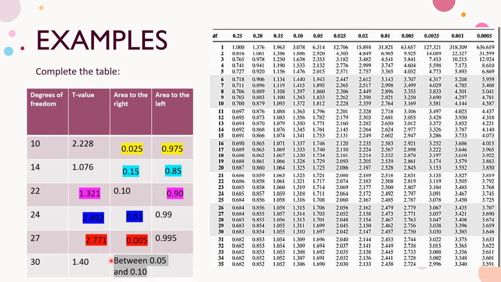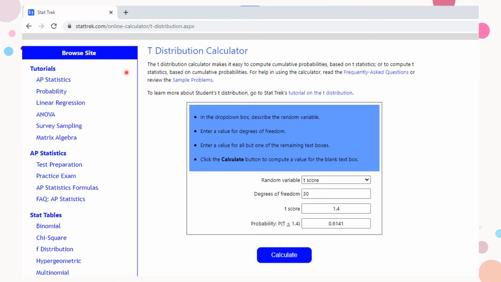Since we do not have the exact area to the right, then we cannot solve for the exact area to the left. Now, if you would like to find the exact value for 1.40, there are available calculators which will compute the exact values. An example is this calculator from stattrek.com, wherein you can find here the exact areas to the left.